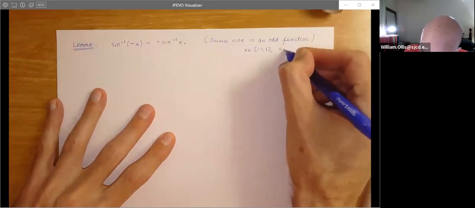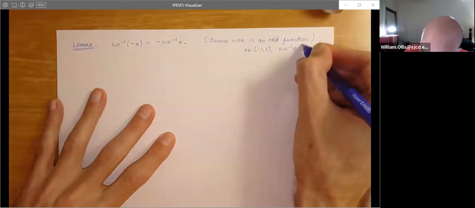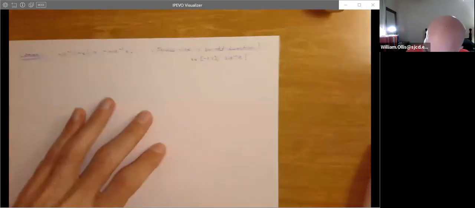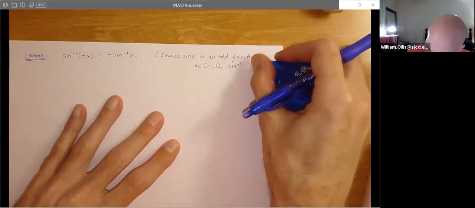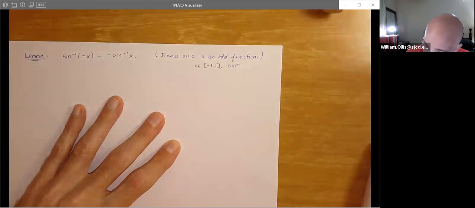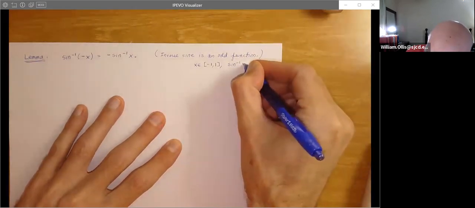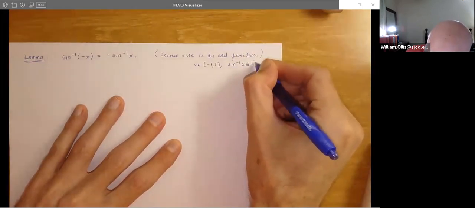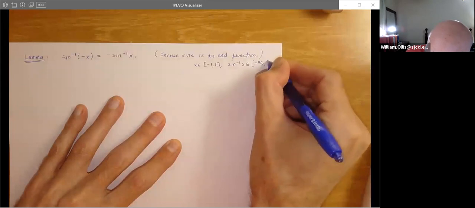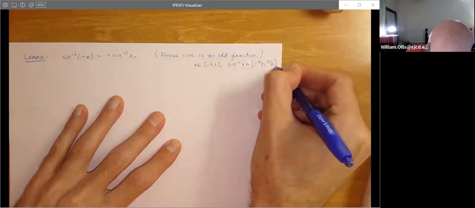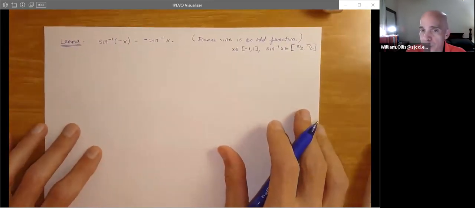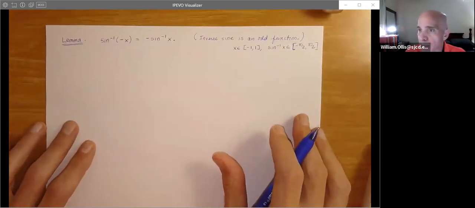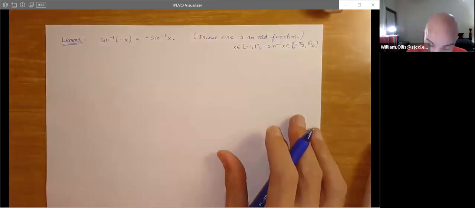And the inverse sine lives between, well, we kind of need an argument, right? Let's put an argument of x there. The inverse sine of x lives between -pi/2 and pi/2. So again, we're just reading the unit circle backwards. And sometimes I wish it were that easy, but at least that's a way to think about it.